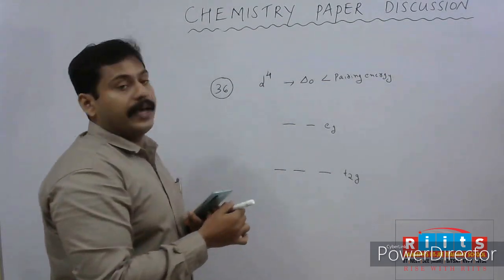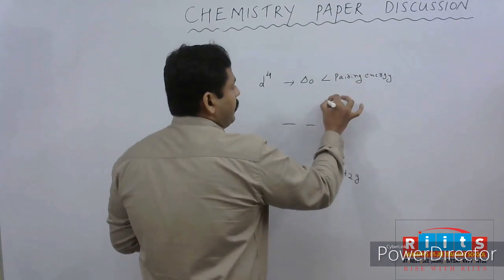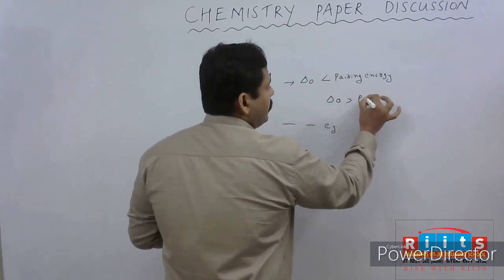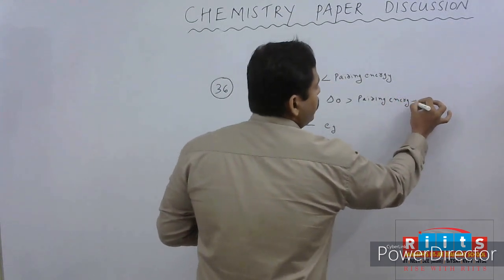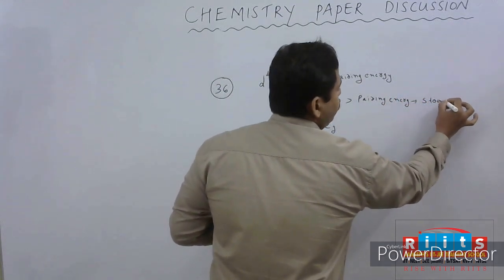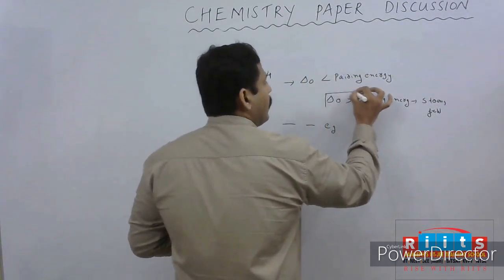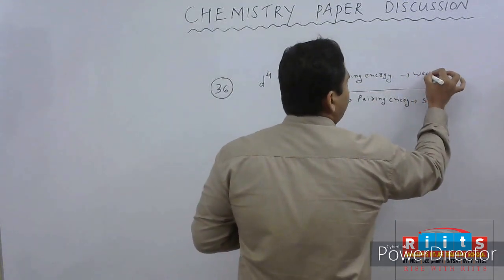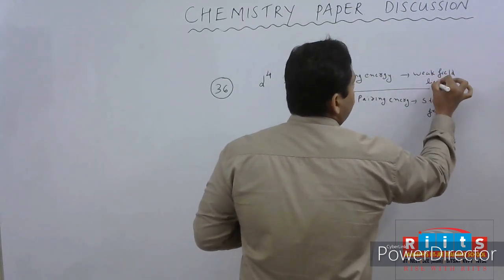One more thing you can note there. In an octahedral field, two possibilities are there: for a strong field ligand, this is the condition, and for a weak field ligand, this is the condition.